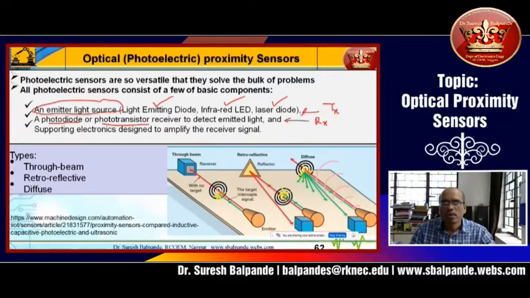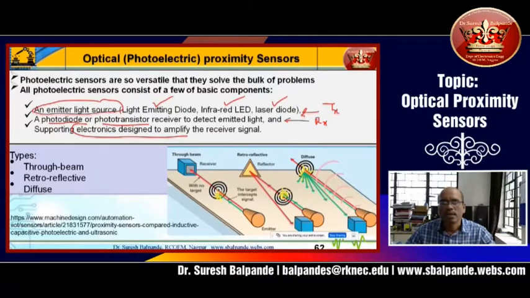In addition to these two, transmitter and receiver, we need some conditioning circuitry, some electronics, because the output produced by the photodiode or phototransistor is comparatively small. We cannot use it directly, because the PLC can understand only a certain level of voltage, and as we have seen many times, the standard for the PLC is 24 volt DC.